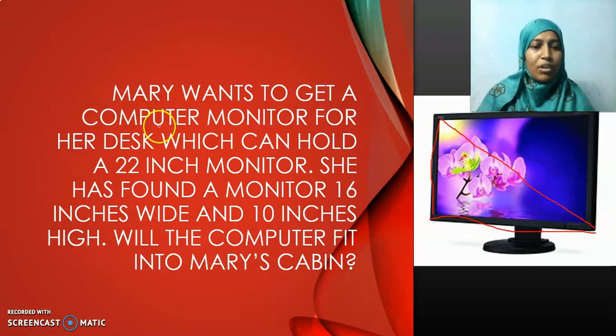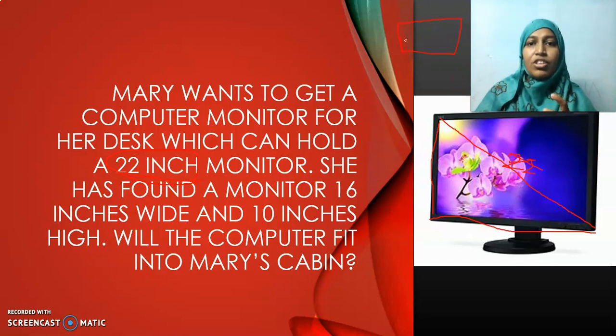Based on this, we have a question here. Mary wants to get a computer monitor for her desk, which can hold a 22-inch monitor. This 22 now represents what? Yes, it is this diagonal and not length or breadth. Wait children, they are saying that in her room she has a shelf.